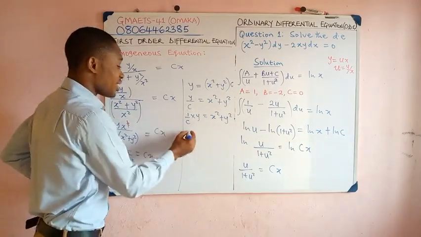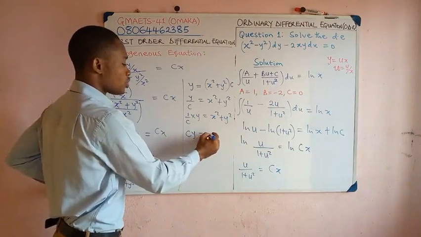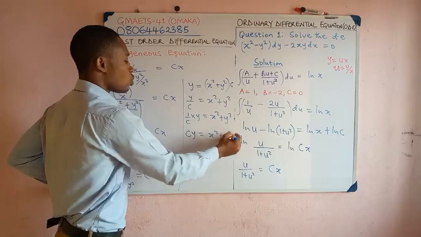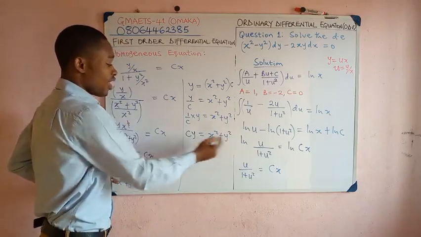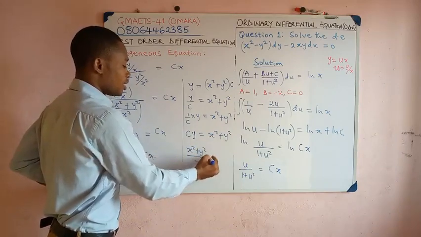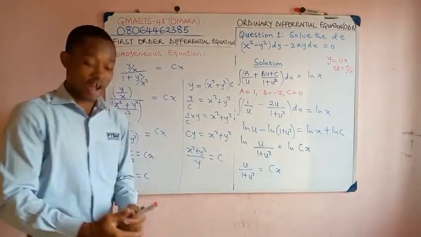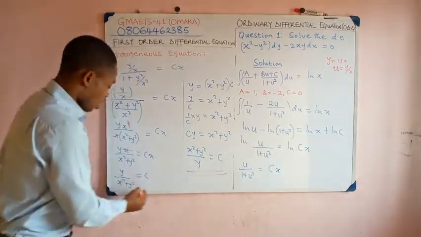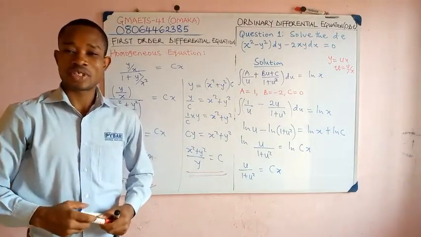So this 1 over c can simply be written as c, which will give us cy equal to x squared plus what? y squared. Therefore, you see that your result can still be divided on both sides by y. You have x squared plus y squared all over y equal to what? c. And this is another simplified form of the result of this homogeneous differential equation.